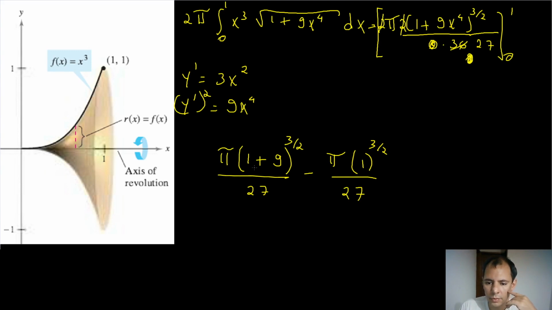This is going to be pi, because there's pi everywhere over 27, I'm going to factor this out.